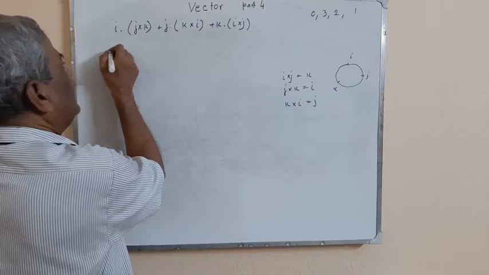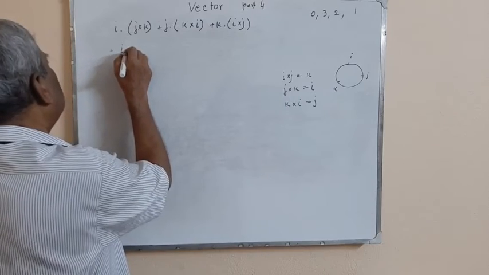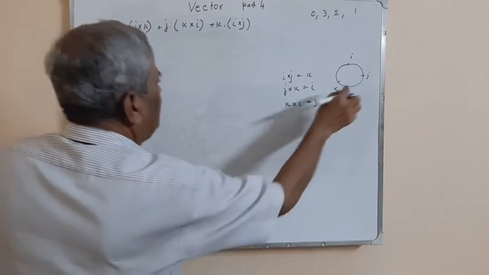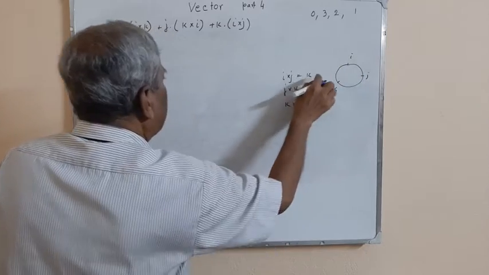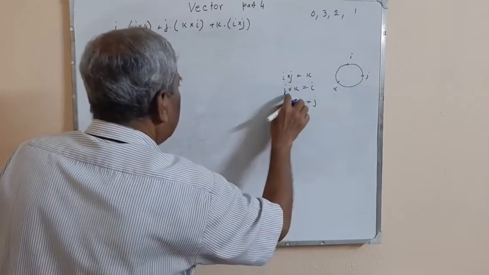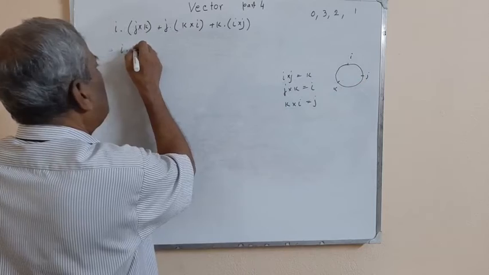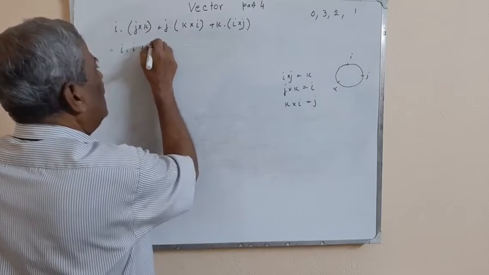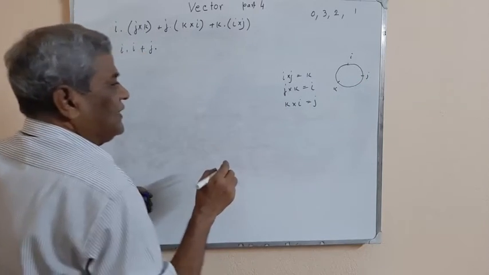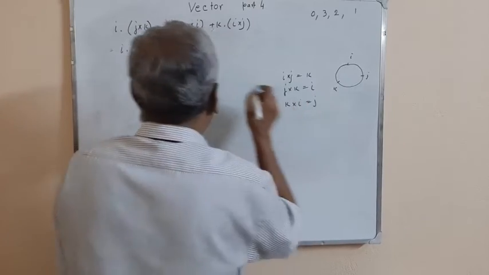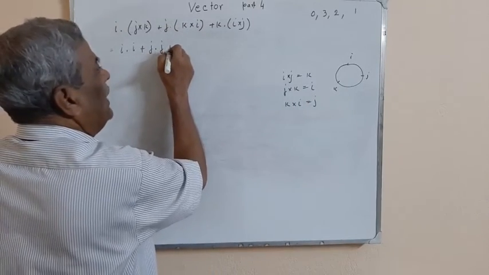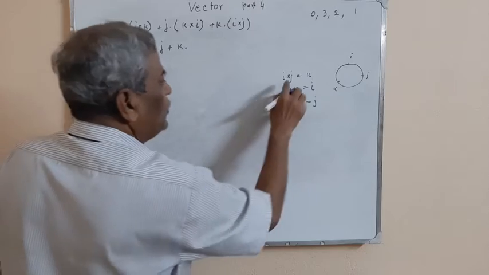In this case, it is equal to i dot j cross k, and j cross k is equal to i, plus j dot k cross i, and k cross i is j, plus k dot i cross j.